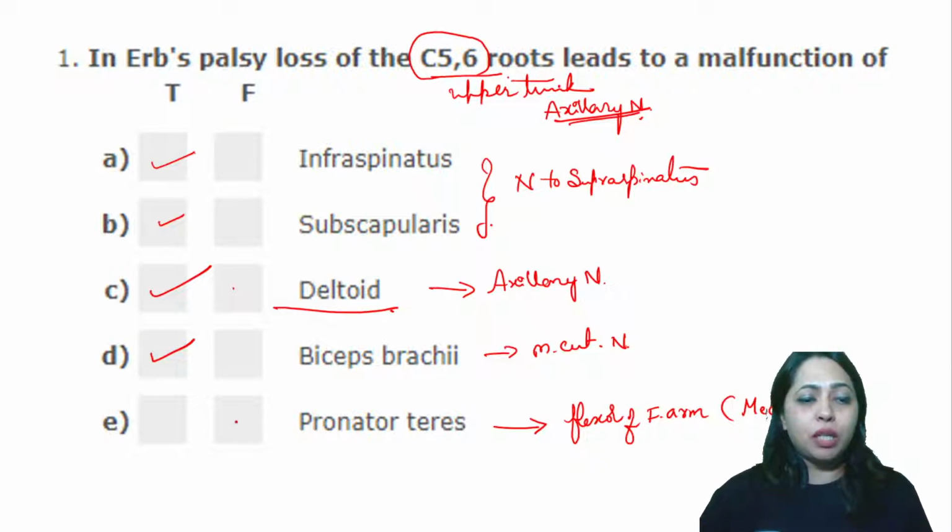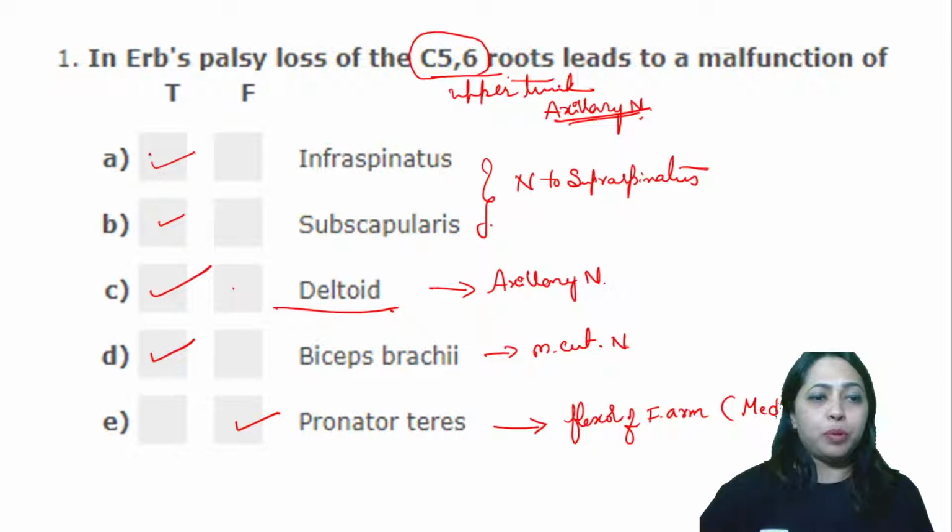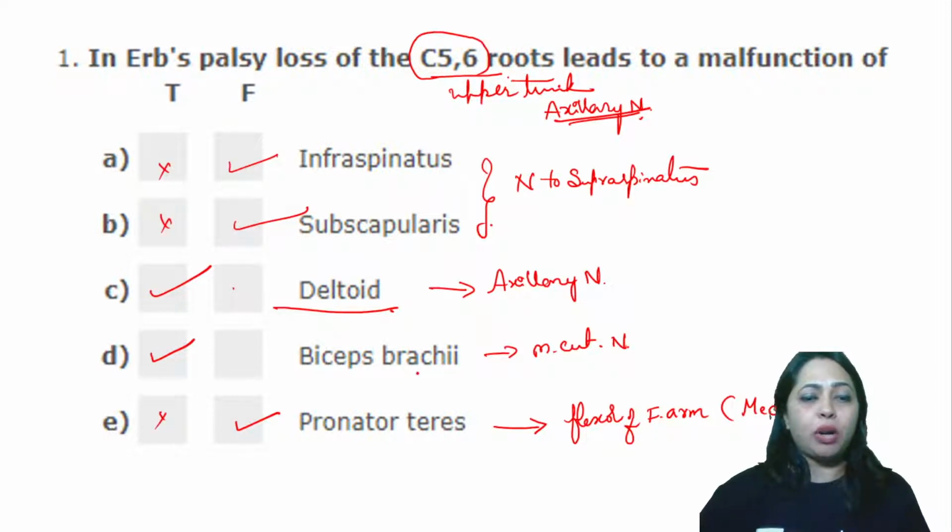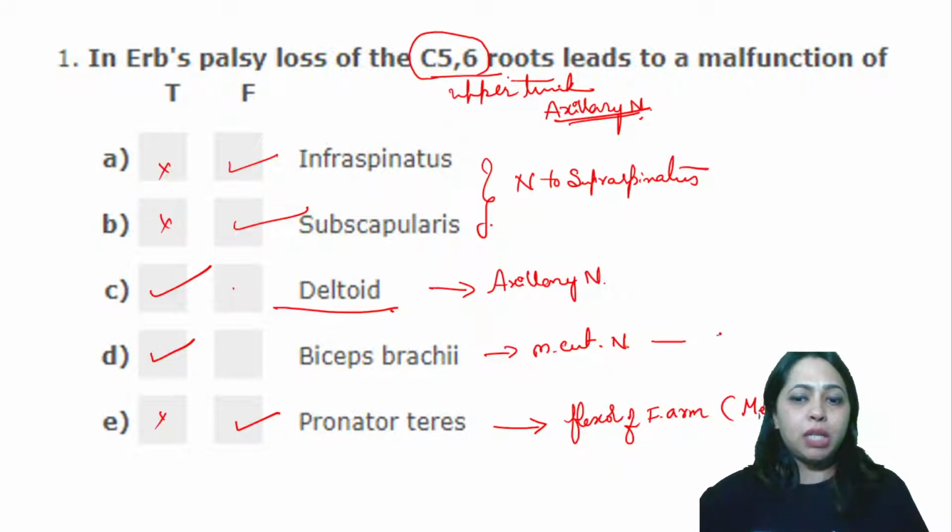So this is false. Actually, we can put this also under false because there are other roots also which can help. So this is no, this is no, this is no. So it is the deltoid and biceps brachii which is supplied by musculocutaneous. The root value for this is C5, C6 and C7. Okay.